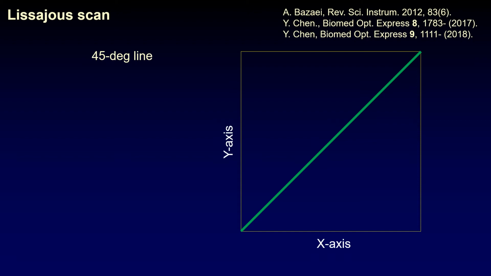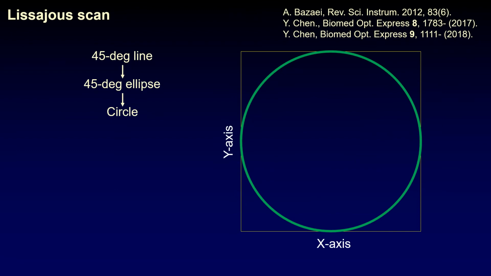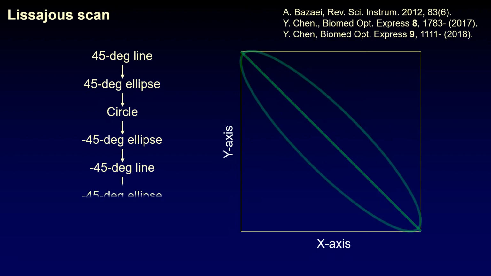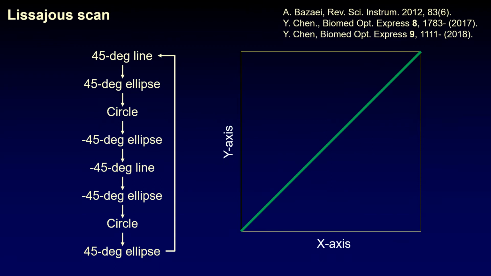The Lissajous scan OCT scans the retina with a dynamic trajectory, starting from a diagonal line. It becomes an ellipse, and a circle, and becomes an ellipse again, but in the orthogonal direction to the previous ellipse. Then it becomes a line again, an ellipse, a circle, an ellipse, and comes to the original line.